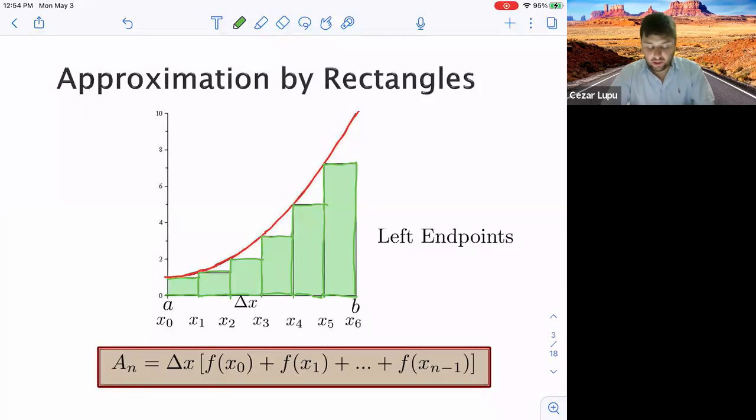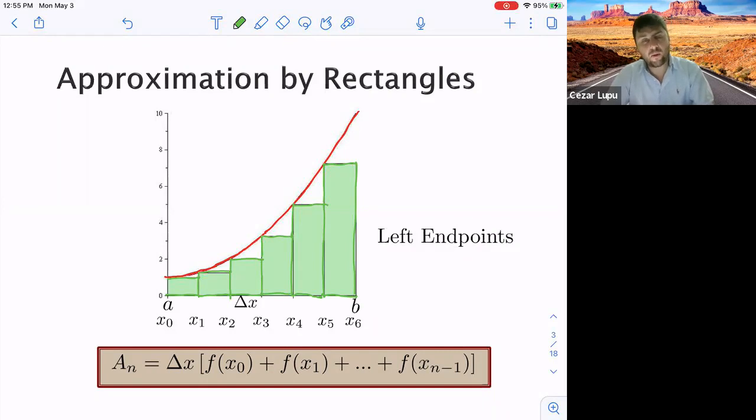Well, clearly, if you look at the area, the width delta x is usually b minus a over n, right? If you just compute one area, it will be just delta x times f of x0. If you look at the second area, it will be delta x times f of x1 and so on.